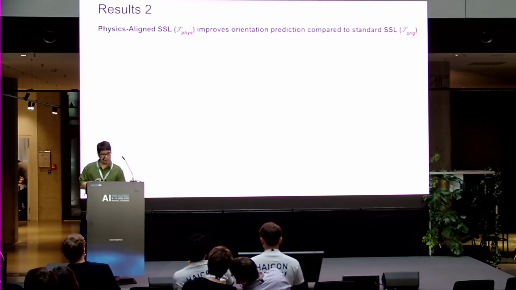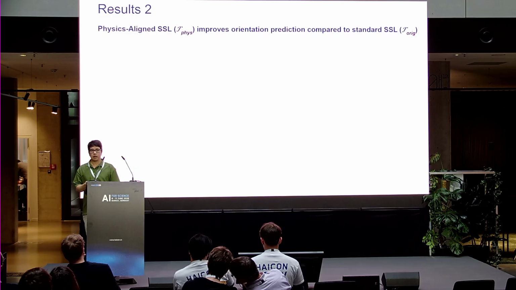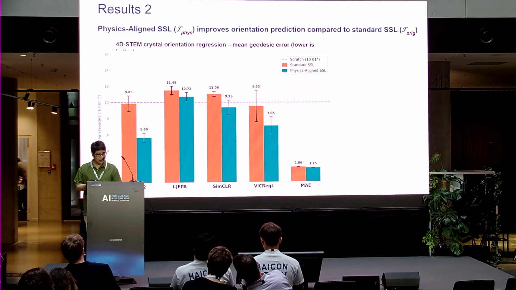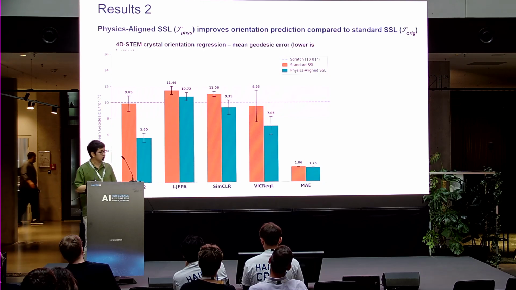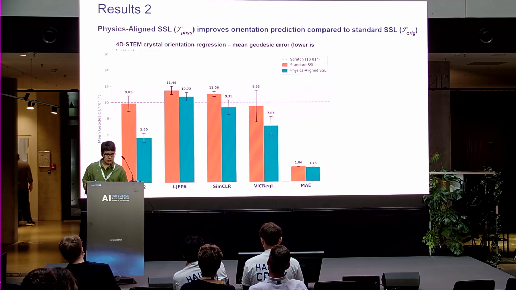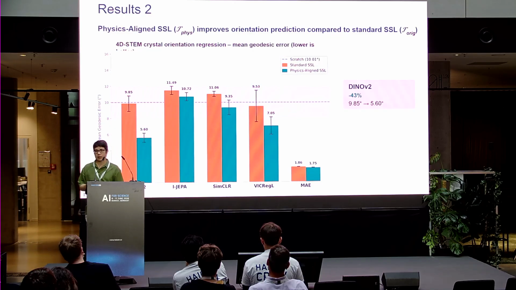The same applies to orientation regression. And here we can also see that pre-training with these augmentations outperforms the standard baseline, so the model trained from scratch, but also pre-training with physics-aligned augmentations outperforms the standard augmentation.